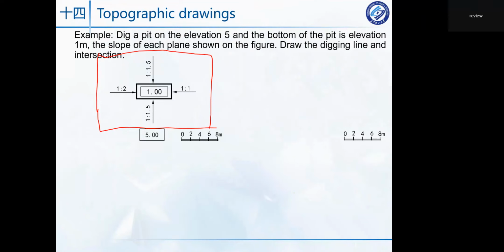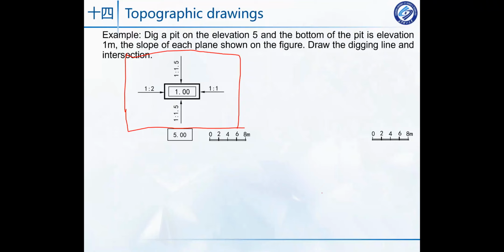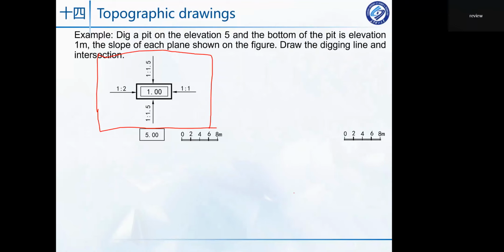Okay, someone finished. Let me see. 6, 6. Yes, 4, 4, and 8. Yes, very good. And Mengjun, you have to label the elevation on the ground and the bottom of this foundation. Okay.